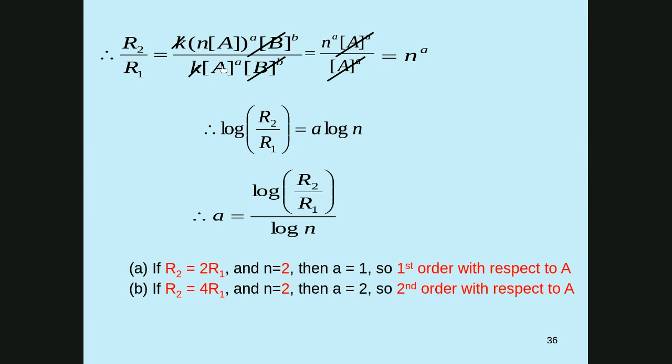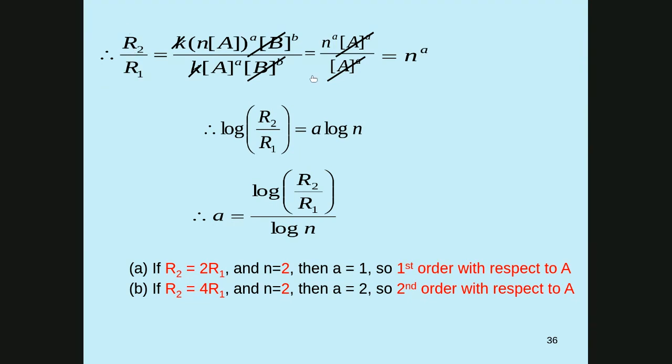You see the k cancels, as well as the factor [B]^b, leaving n^a times [A]^a over [A]^a, and then the [A]^a cancels as well. So we get the concentration or dilution factor n raised to the power a. And a is the unknown, so that should be made the subject. Remember, R1 and R2 are the results of measurements, so you know what they are.